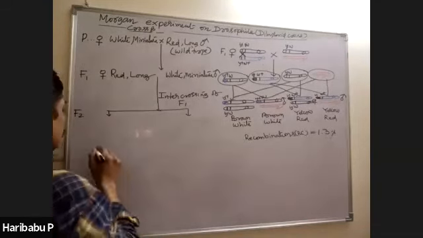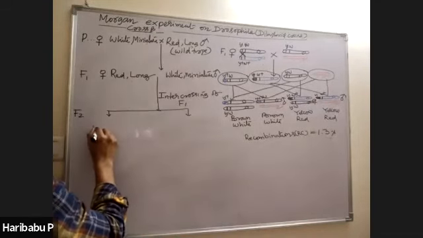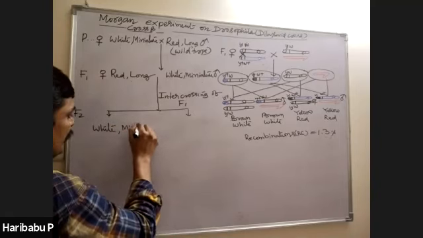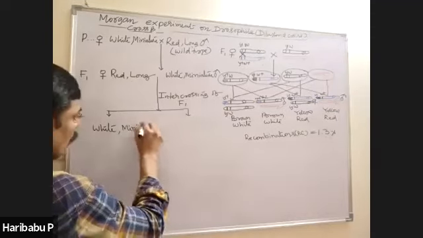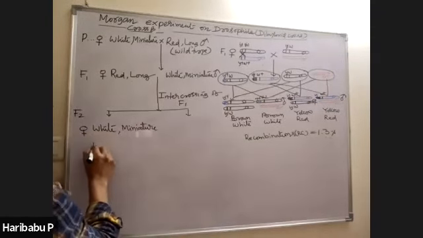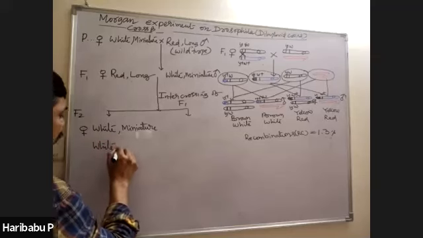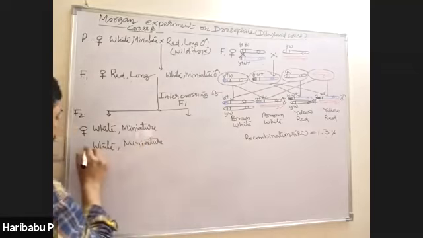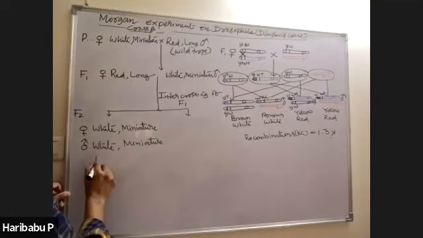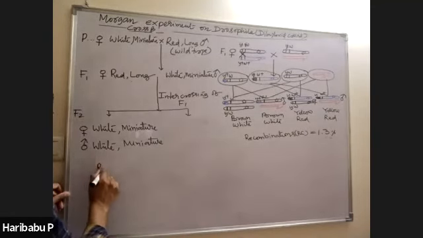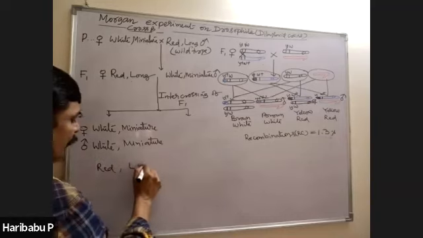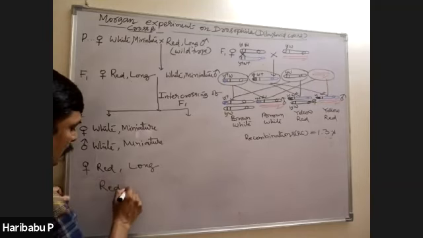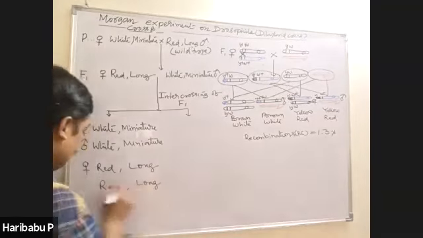In the F2: white miniature female, white miniature male, red long female, red long male.